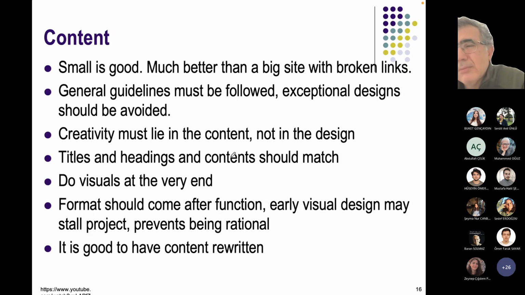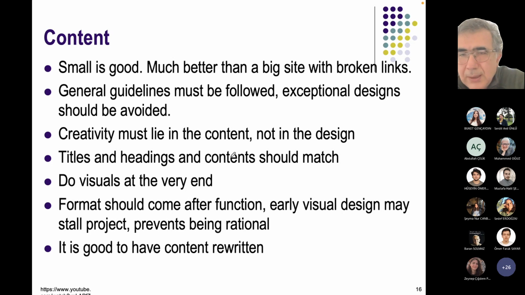Generally, small content is good, much better than a big site with broken links. So the broken link thing is a killer. It kills the experience. Therefore, you should not have any broken links or incorrectly functioning pages.